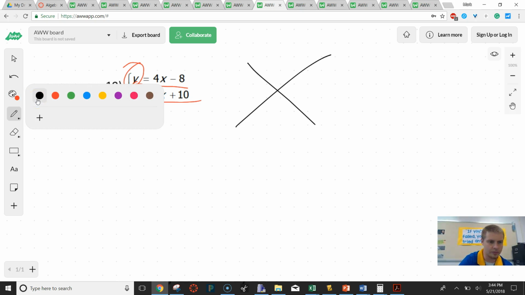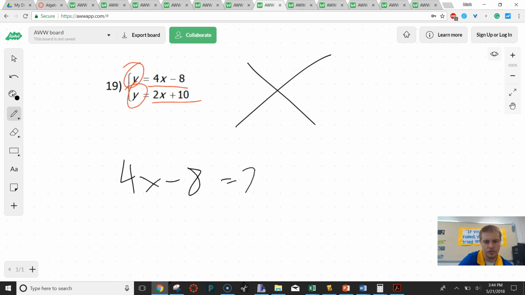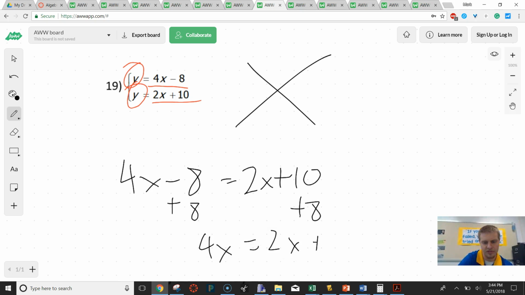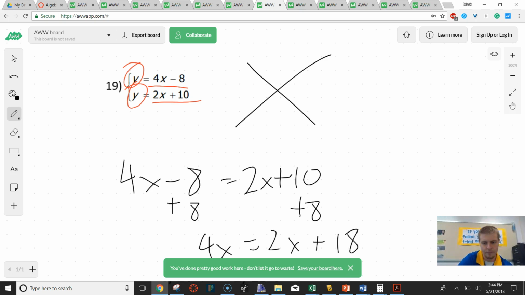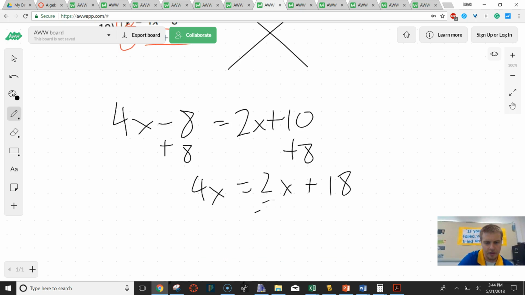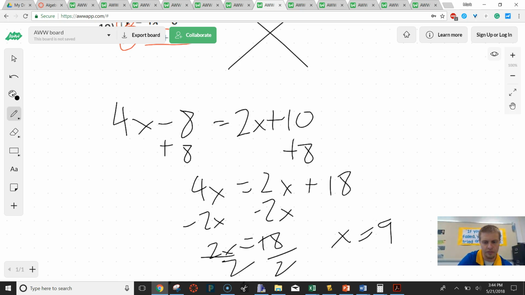So this really means that 4x minus 8 equals 2x plus 10. Then I can add 8 to both sides and get 4x equals 2x plus 18. And then from there, I can subtract 2x on both sides and get 2x equals 18. Then I could divide by 2 and get x equals 9.